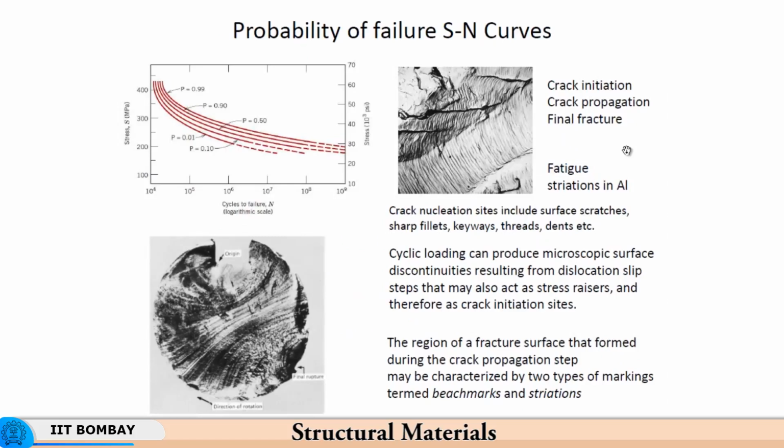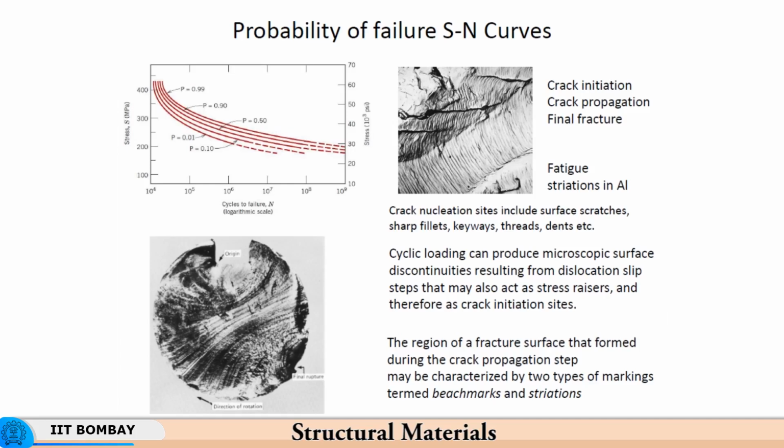Now these fatigue failure curves are probabilistic in nature. So if you test a large number of samples which are subjected to given conditions of loading, given number of cycles, then you will find certain samples fail below the so-called fatigue limit.